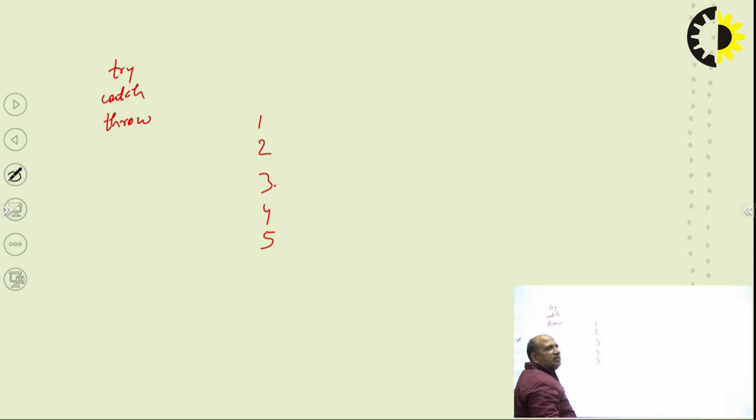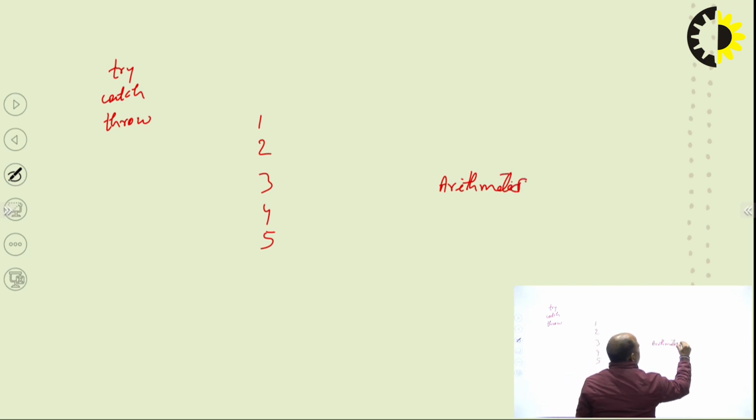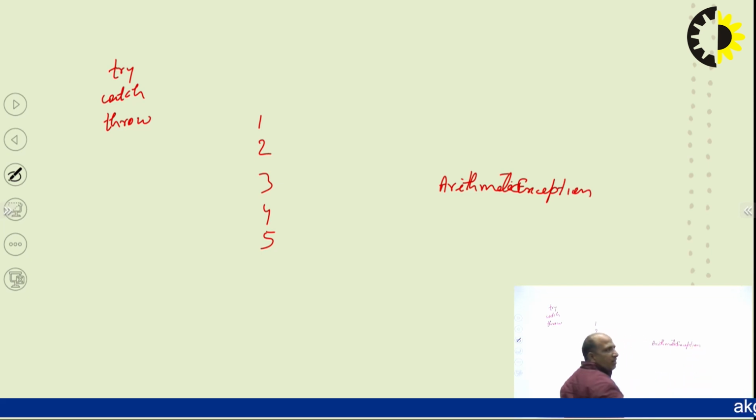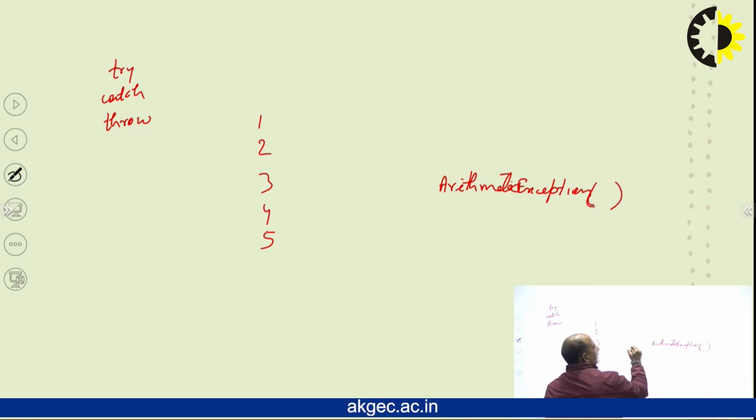For that the programmer may use this throw keyword. There is a class, let's say ArithmeticException, and I want to create an object of this class. To create the object of this class, I write the constructor of this class and apply the new keyword.